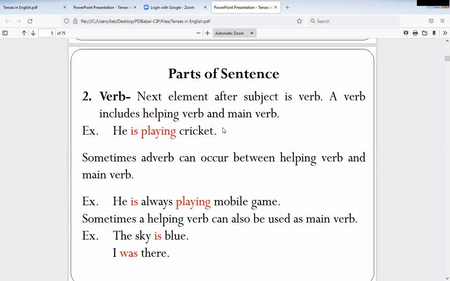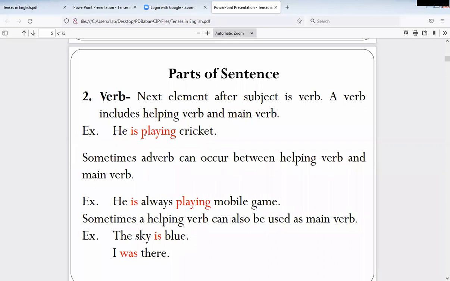Because if we ask a question starting with what, playing, then the answer is cricket. That's why it is called the object of a sentence. So is playing is called the verb in this sentence, and it is made up of two types. Is is an auxiliary verb, and playing is called the main verb.